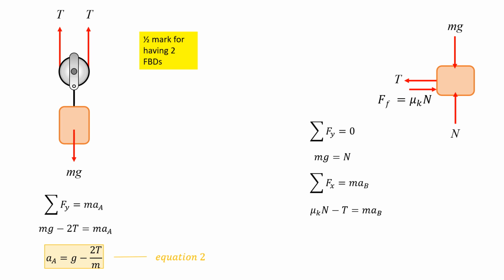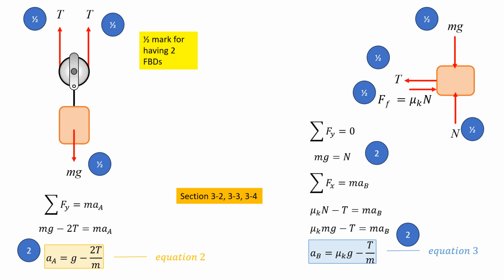You don't have a lot of work to do once you've written out the equations of motion. Substitute all the terms in, everything works out. You have n from the top equation, and you end up with equation 3, acceleration b equals mu k g minus t over m. So substitute all the terms in, sections 3.2 to 3.4.